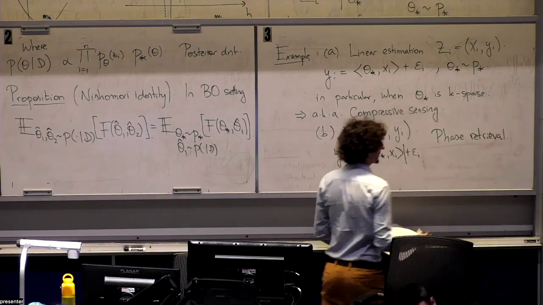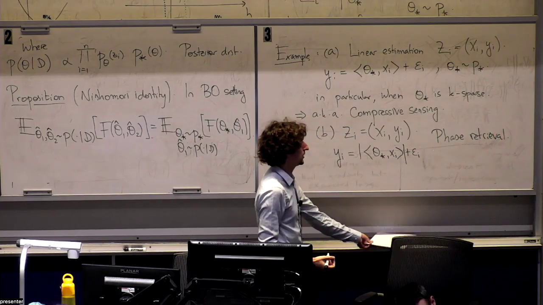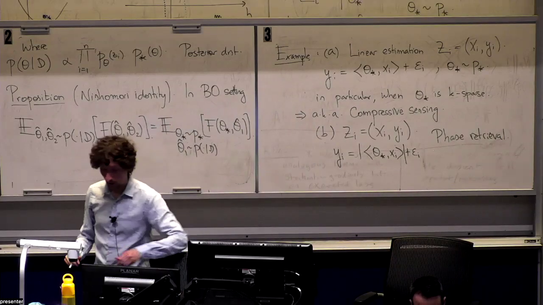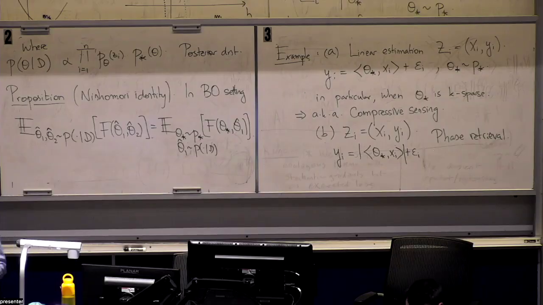This problem, for example, is very common when you're doing physics or biology. You are in the lab, and you throw some light on some material, and the light hits the material, comes back, and you measure what came back, and then you want to infer some property of the material by looking at the light that came back. This optical process typically is a linear process, so that's nice.